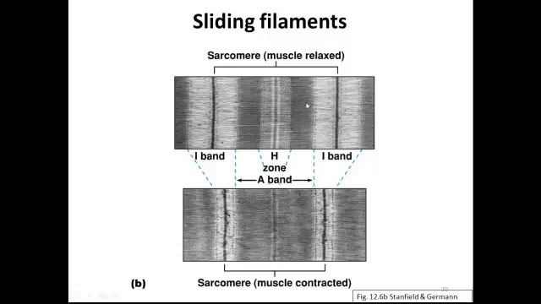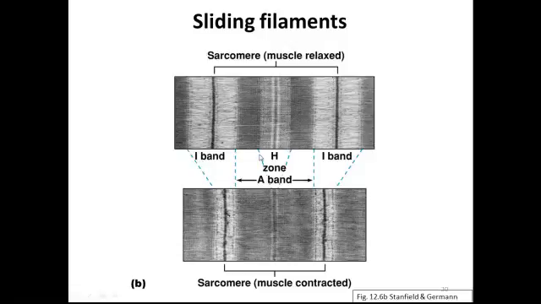In the middle is the A band, that is the myosin with a dark zone, and on each side of the A band there is an I band, which is a gap where there is no myosin. In the middle we have the H zone.